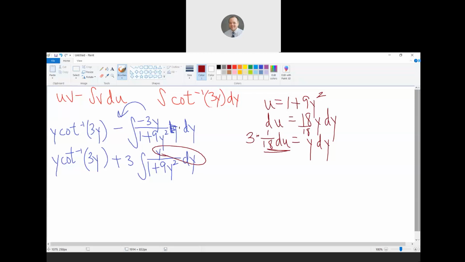Now there's a 3 outside our integral sign, so we can simplify the 3 and the 18. 3 can go into 18 6 times. So that'll be 1 over 6 outside our integral now.